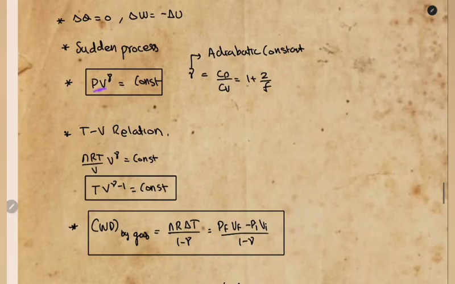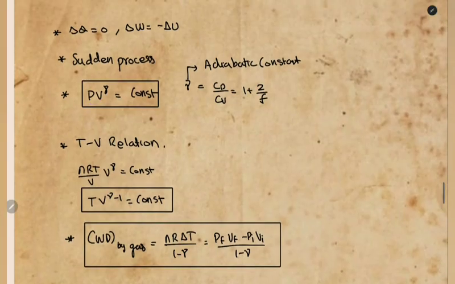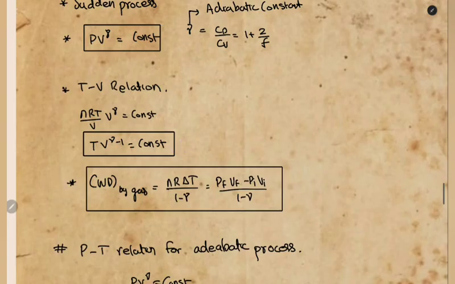So in the adiabatic process, PV to the power gamma will be equal to constant, which means you can convert it into any form you want. If you want it in TV form, you can just put PV equal to nRT. And if you want it in terms of P, you need to subtract 1 here, and you will get the formula.